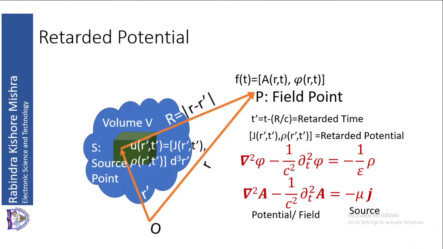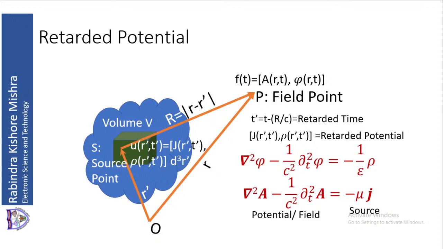Time will be the distance covered divided by the velocity. That much time it requires to travel from the source point to the field point. The distance is R, the speed with which it is traveling is c. So the time required to travel from S to P is R upon c.